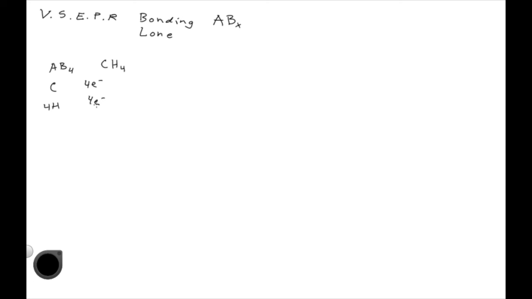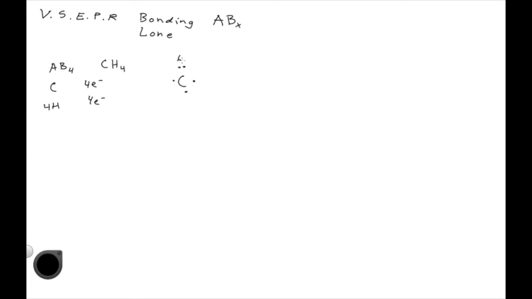So starting with the carbon atom, we draw the carbon atom with 4 electrons around it, 1, 2, 3, 4, 1 on each side, and then we connect the hydrogen atoms to each valence electron on the carbon atom.